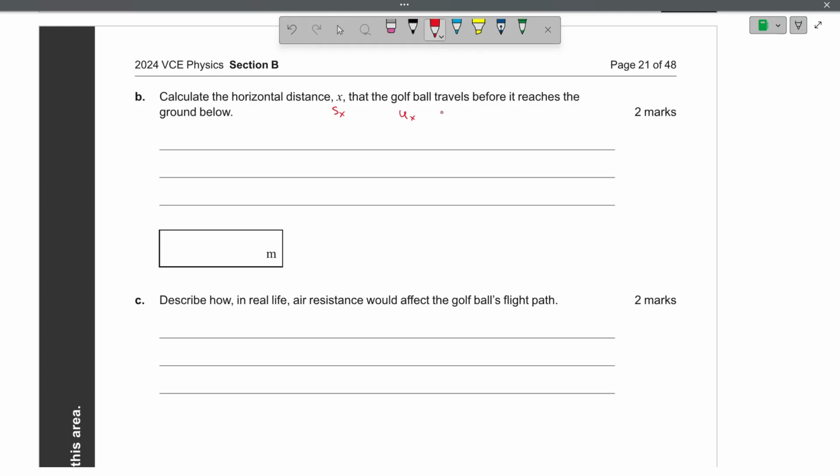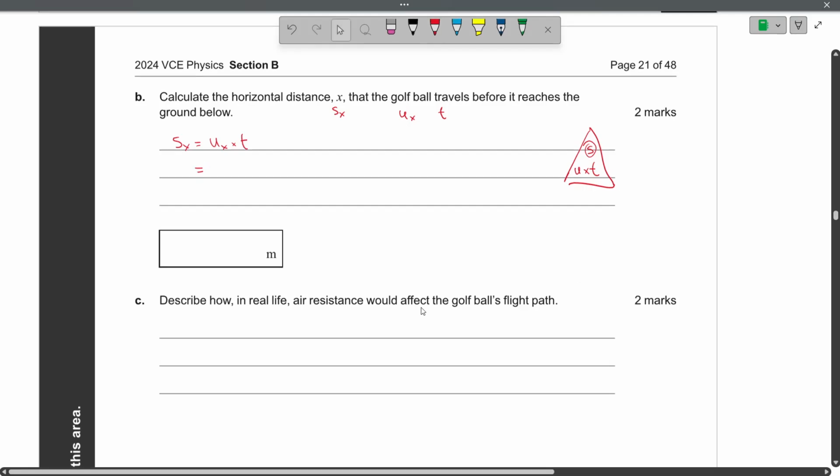And we know the time that the ball is in the air for. So this is just straightforward speed, distance, time. Speed equals distance over time. We are trying to work out distance, so distance equals speed times time. So Sx is equal to Ux times t.